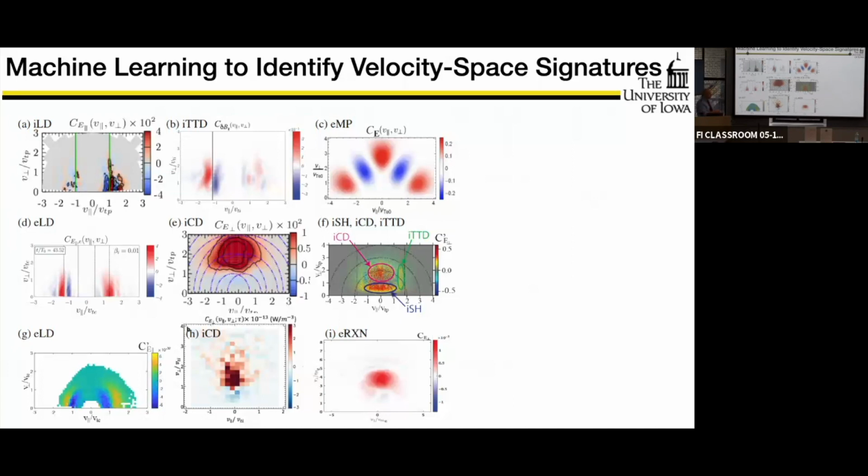If you have reconnection, sometimes the signatures are in different places that aren't associated with phase velocities. So there probably can be certain instances where things happen to line up in the same place. But if you vary it as a function of parameters, you can usually tell the difference, because as you change beta, that phase velocity is going to move around a little bit. And if the signatures don't move with that, then you're pretty sure that's probably not what it is, right?